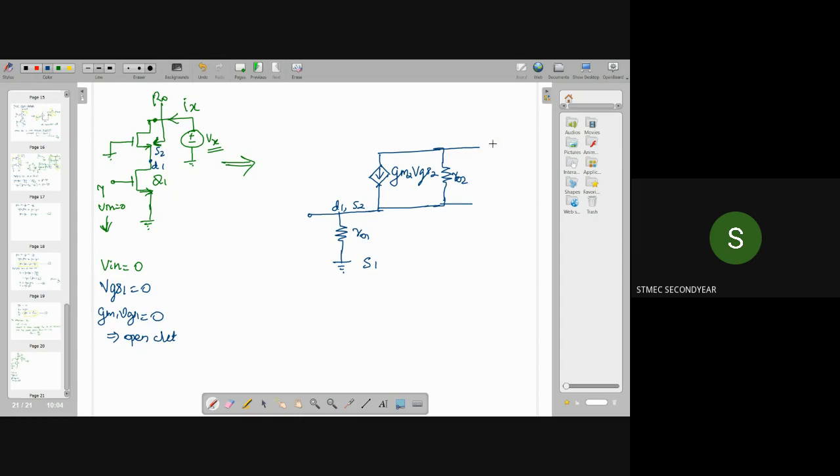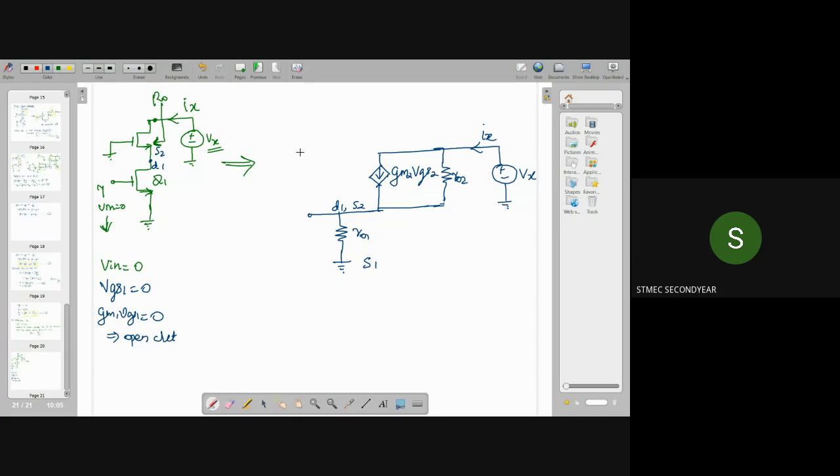And to this terminal, what are we applying? Here we are applying the test voltage Vx. As a result, a current Ix will flow, and we can find Rx equal to Vx divided by Ix.